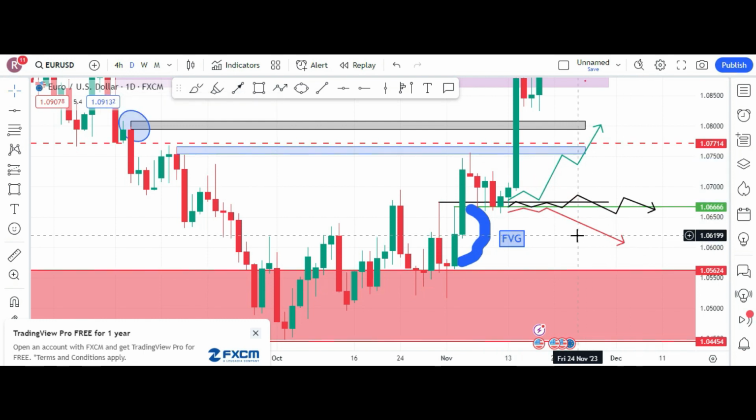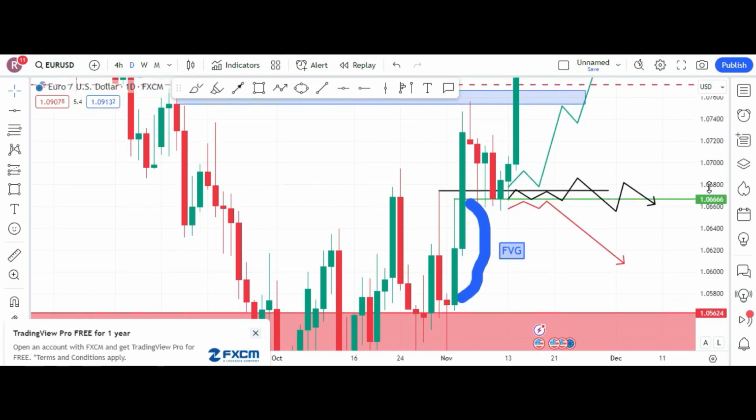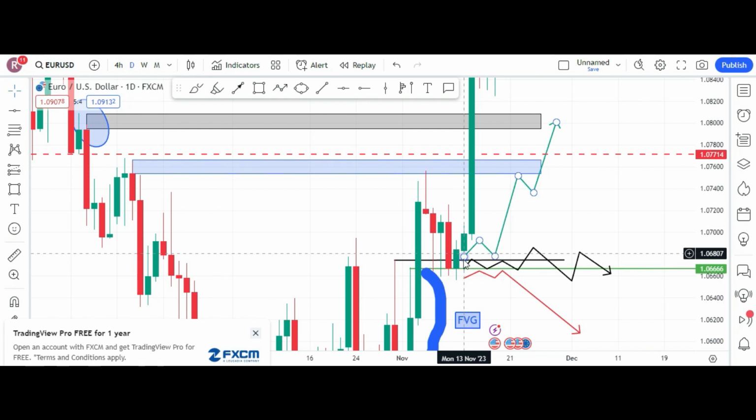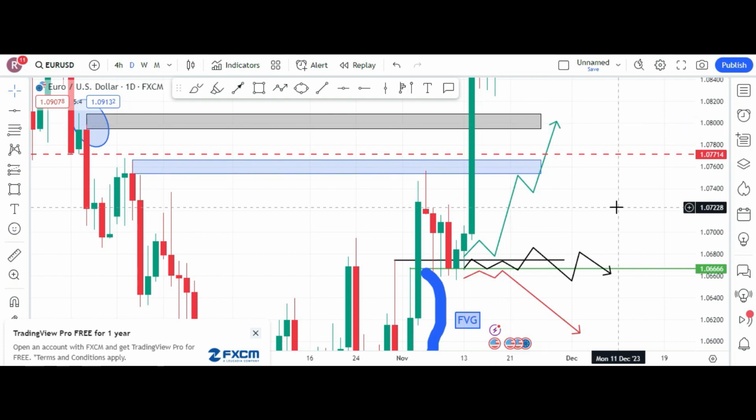We don't need this. Now my prediction was that if it moves upward, it will retest here, come here, retest, and move up to this level.